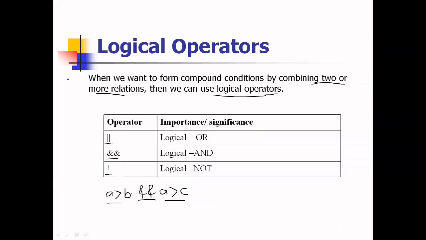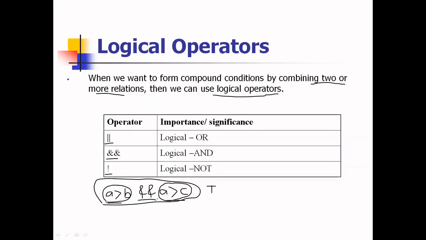So this AND operator simply says the complete compound condition is true when both of the subconditions, that is A is greater than B and A is greater than C, are true. Then only this compound condition is true.